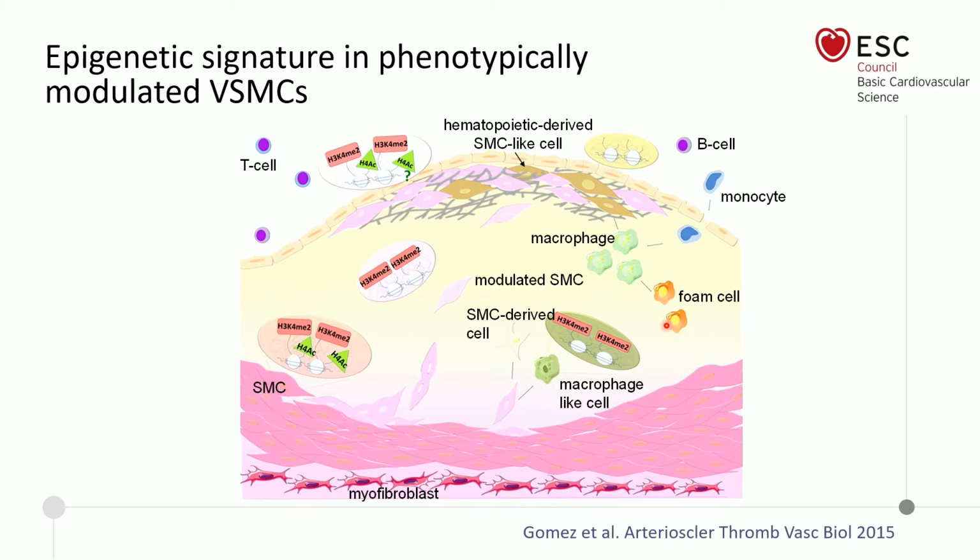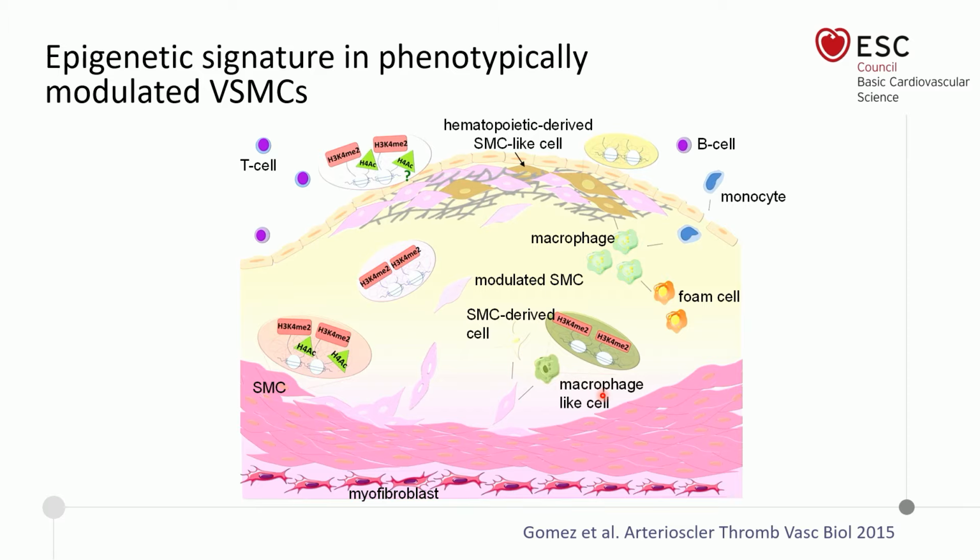And one of the important results of these recent years is the transdifferentiation of smooth muscle cells into macrophage-like cells. Smooth muscle cells are able to transform by themselves into inflammatory cells.